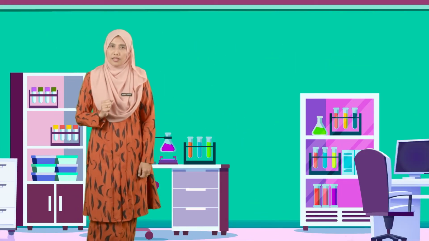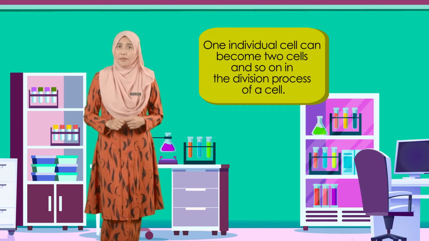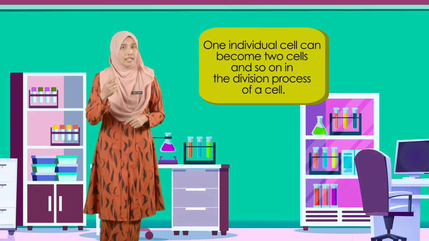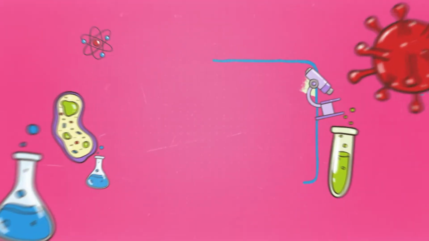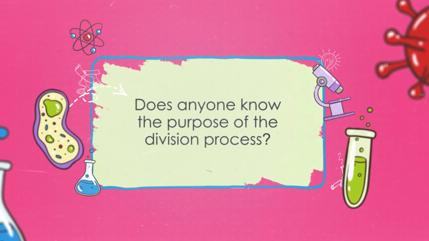So pupils, from the video, we can see that one individual cell can become two cells and so on in the division process of a cell. Does anyone know the purpose of the division process?